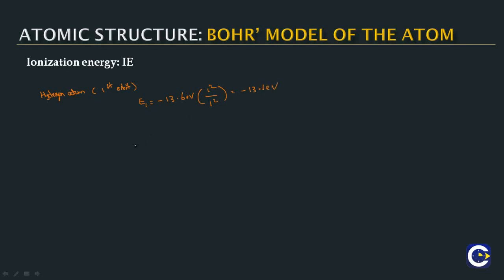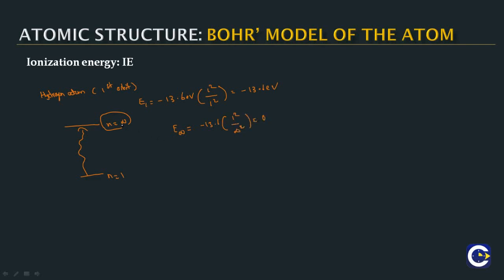The concept of ionization is, if you have an electron in any orbit, here the first orbit, we supply energy to the electron so that it will be removed from the atom. Theoretically, removing an electron from the atom is to excite it to n equal to infinity. The energy of an electron in the infinity orbit will be -13.6 × 1²/∞², which will be 0.